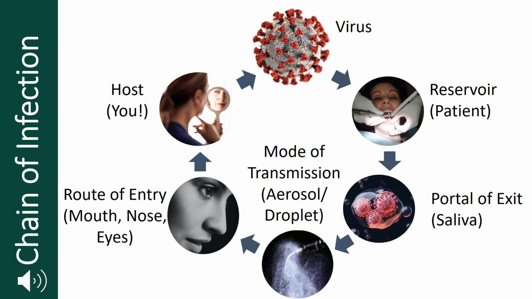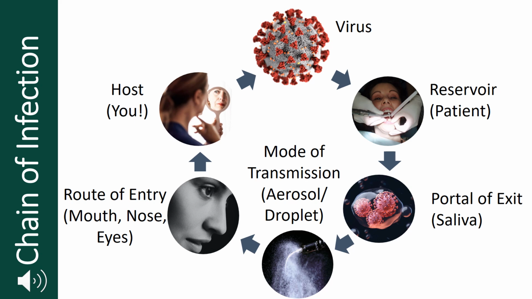Here we see an overview of the chain of infection. Starting at the top, we have our infectious agent. Though we are concerned about all infectious agents, today we are focusing on the novel coronavirus that causes COVID-19. This virus must be stored within a reservoir, who is our patient, and must have a portal of exit, which is saliva, and a mode of transmission, in this case, aerosols and droplets.